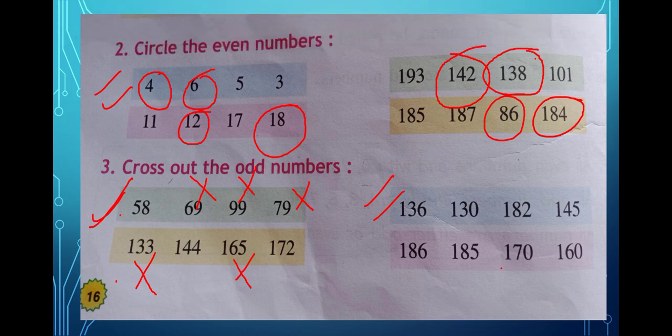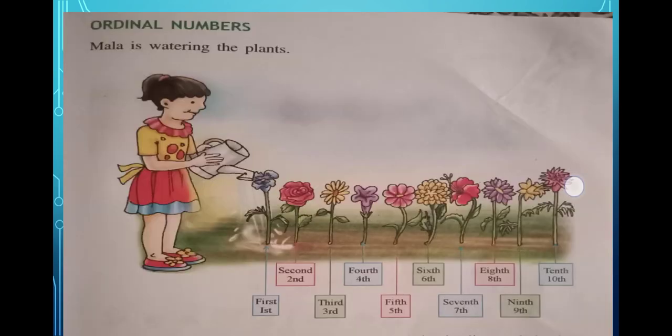Now we will discuss ordinal numbers. Today we will discuss from your book only, I have not taken anything extra. Ordinal numbers, what do they mean? We will understand from this picture. This is a picture of a girl, her name is Mala. She is watering the plants. There are so many flowering plants.